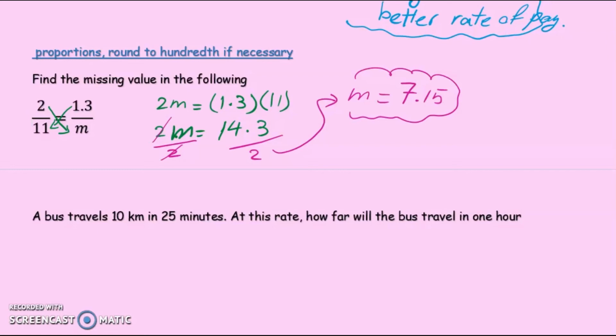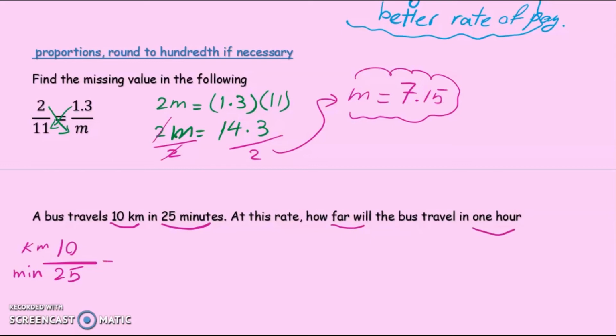Next question, like a word problem. A bus travels 10 kilometers in 25 minutes. So 10 kilometers, create a ratio. 10 kilometers in 25 minutes. Now the question asks, at this rate, how far will the bus travel in 1 hour?